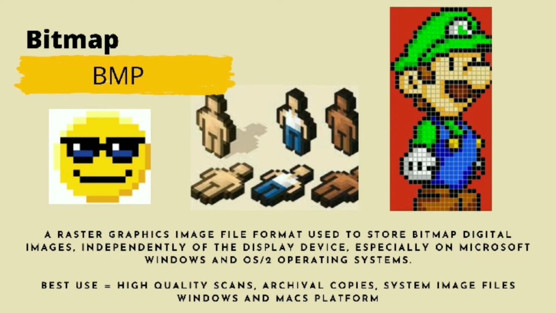A BMP file format is capable of storing two-dimensional digital images, both monochrome and color, in various color depths and optionally with data compression, alpha channels, and color profiles. The Windows Metafile, or WMF, specification covers the BMP file format. Best use: high-quality scans, archival copies, system image files, Windows and Mac platforms.